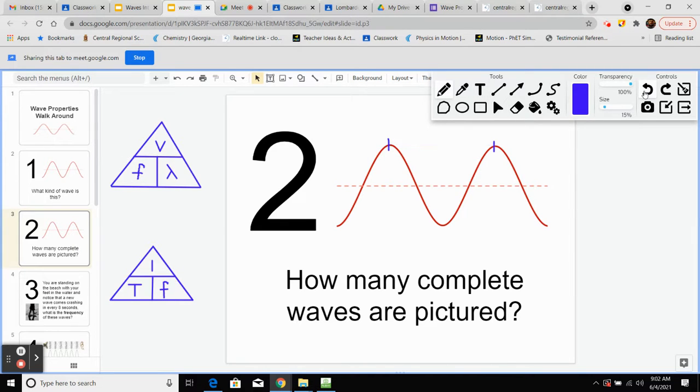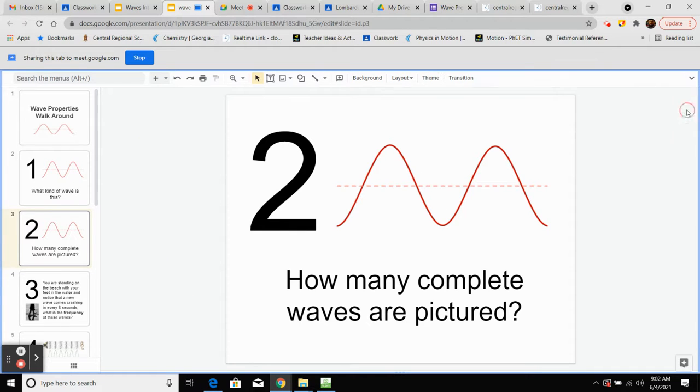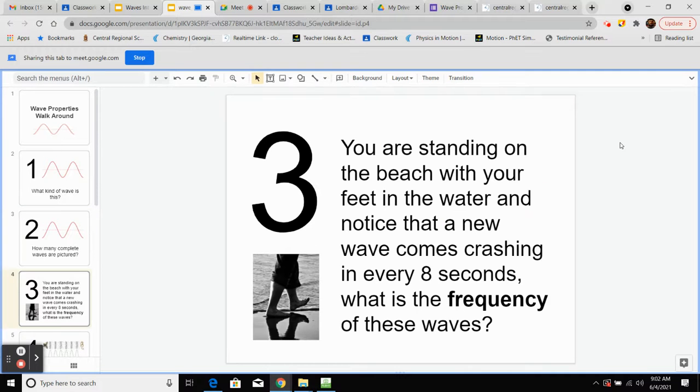But that's a good question. So we want the points on the wave that are repeating. How many of those do we see in our picture, and that will help us get our answer. So number 2, the answer should have been 2. Make sure you type that in. Just the number 2.